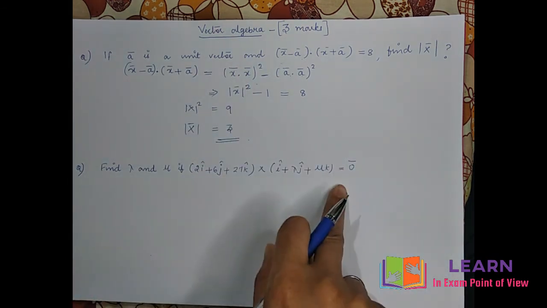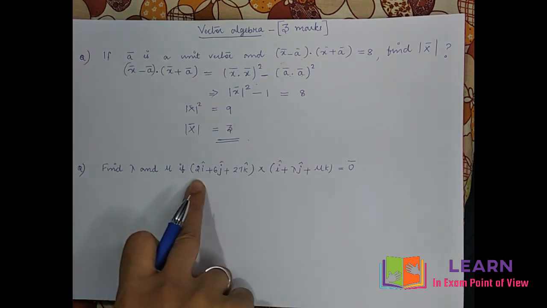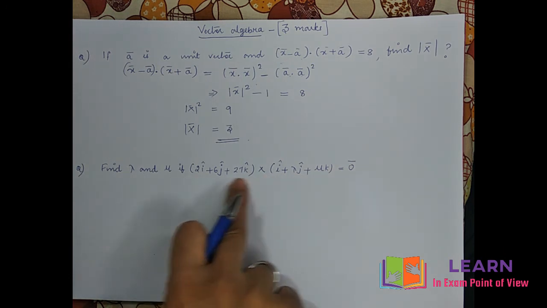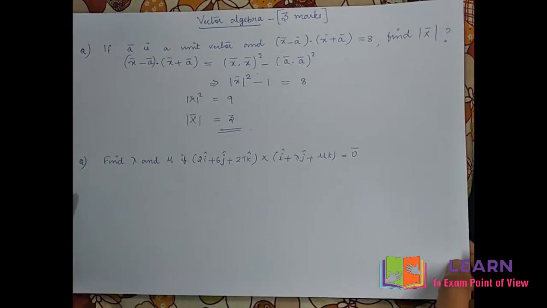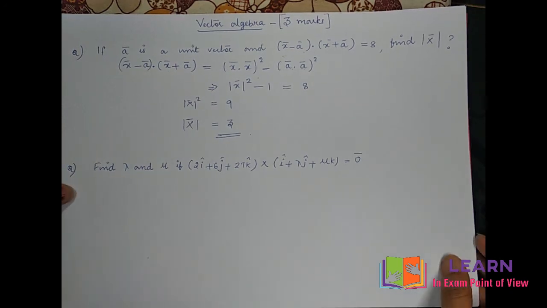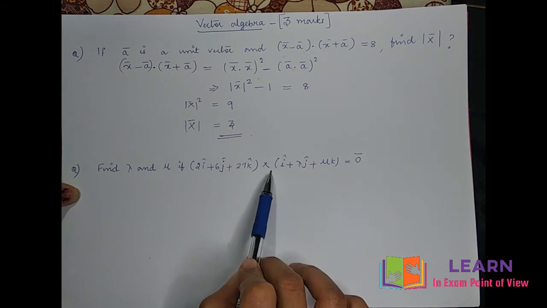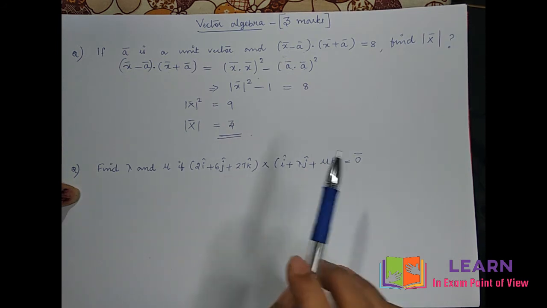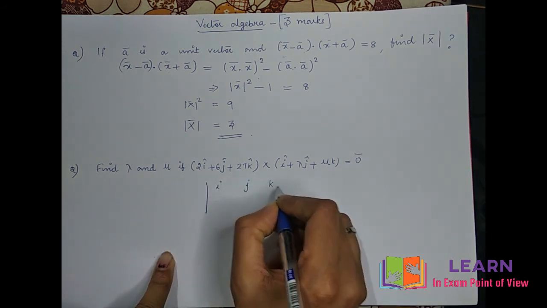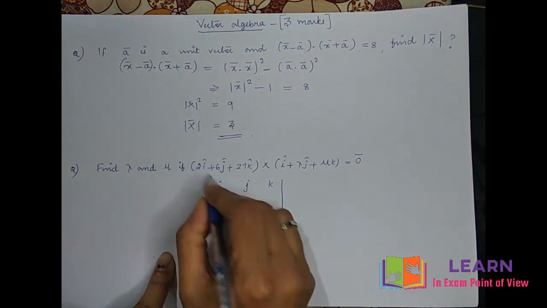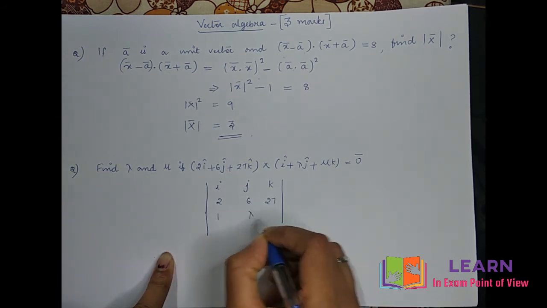Another easy question is like this. We have to find the values of lambda and mu if the cross product of two vectors is given as 0. We have to find lambda and mu. You can solve it using determinants: determinant i, j, k, with values 2, 6, 27 here, and 1, lambda, mu.